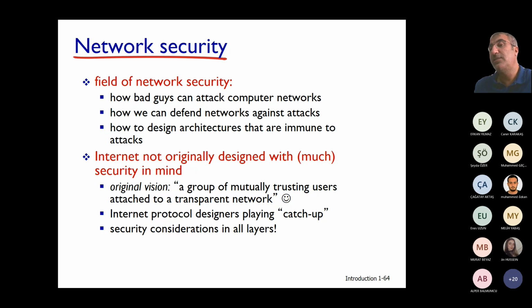Originally, the internet was not designed with security in mind. At that time they didn't expect that such attacks would happen. But as the internet has grown, we see such threats in terms of security.